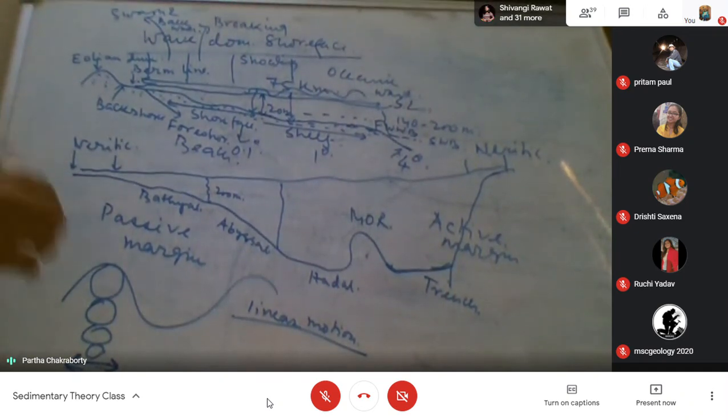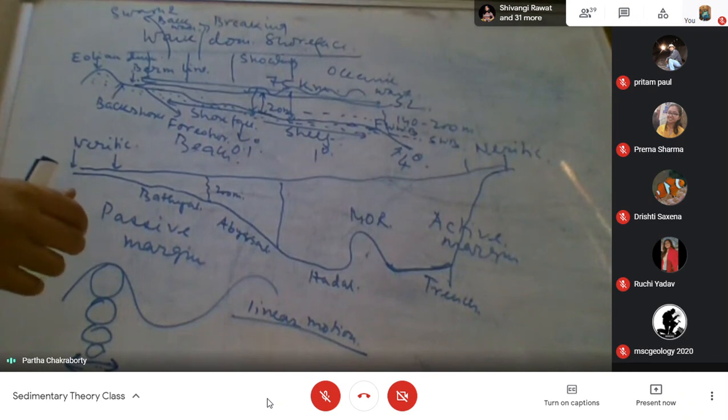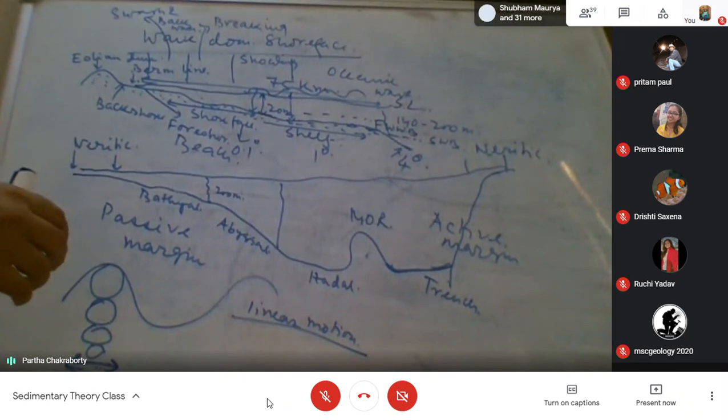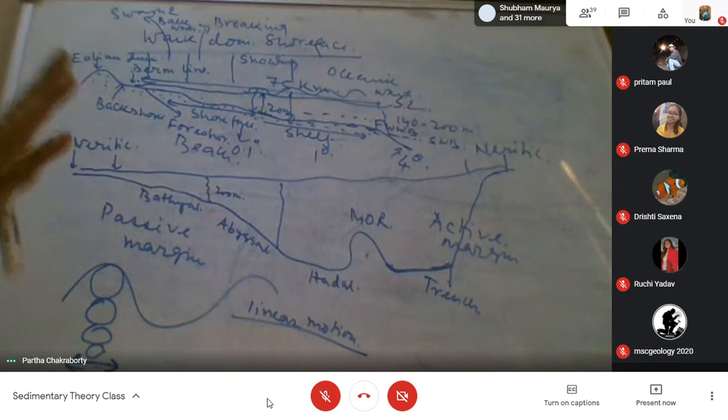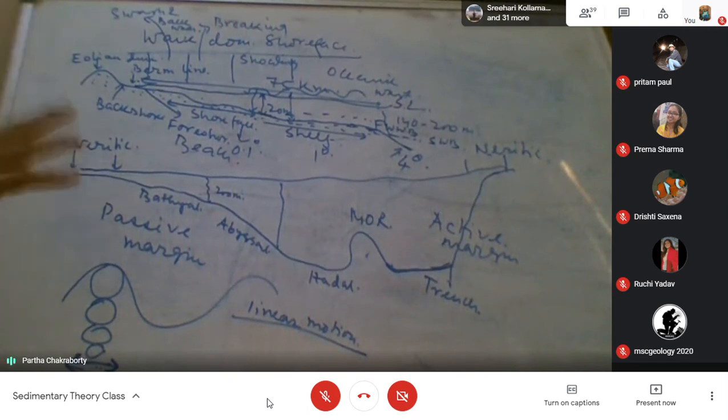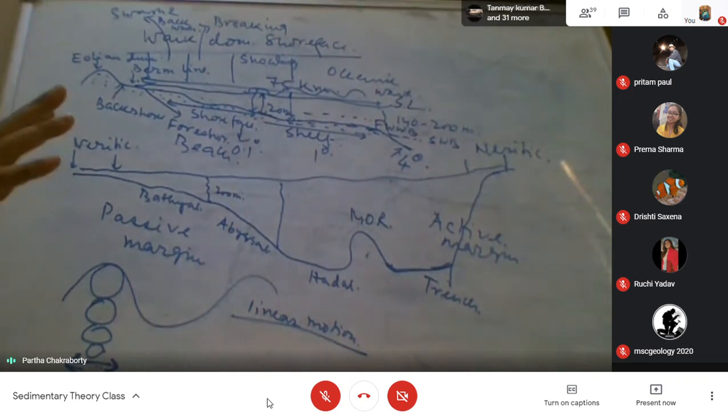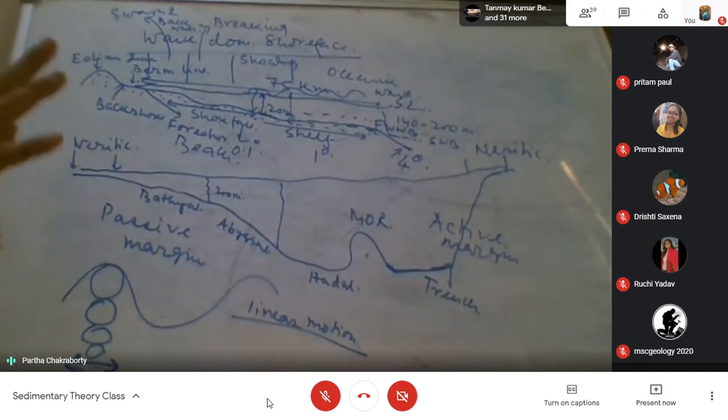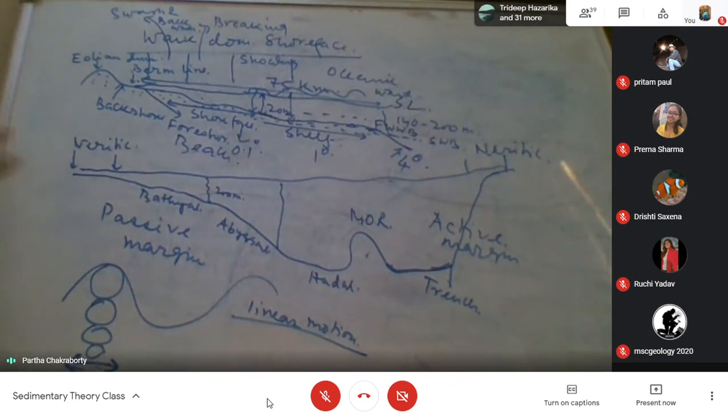So there are three major processes that operate: wave, storm, and tide. Here, the fair weather wave process is extensively dominant. You may also get some effects of storm. Okay, we will discuss that.